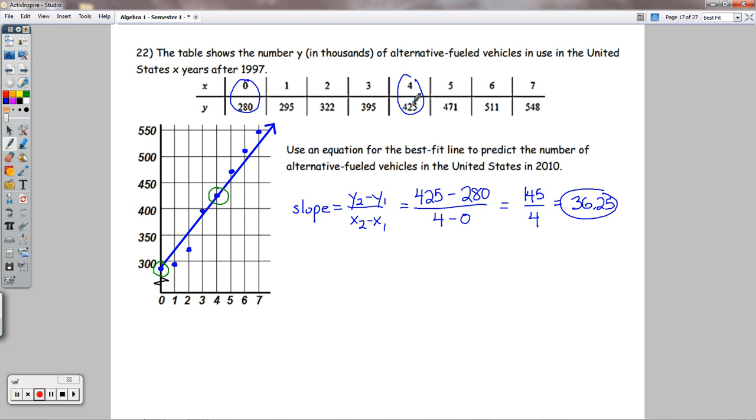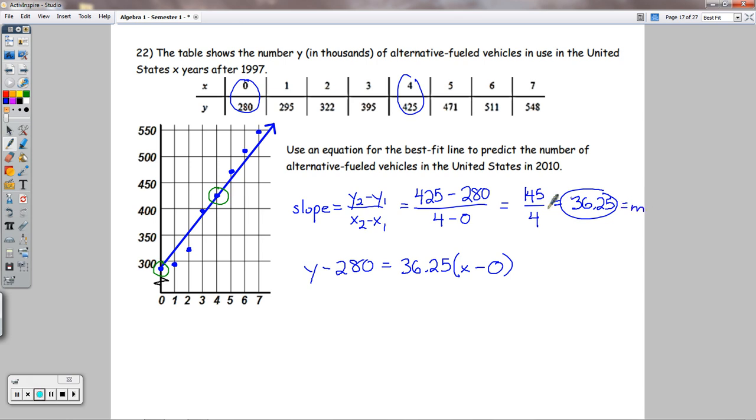So from there, now that I know my slope, I can use point slope form. I know a point on the line. I'm using this point or this point since they're actually on the line and just plugging those things in. So I'm going to go y minus 280 equals the slope 36.25 times x minus 0 in this case. I'm using this point in point slope form with this as my slope.